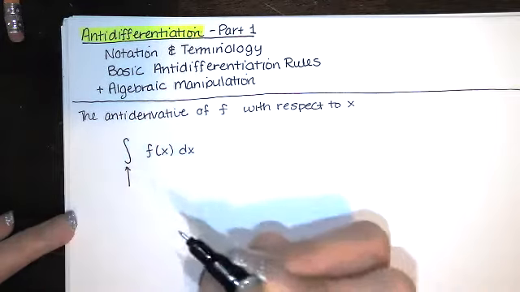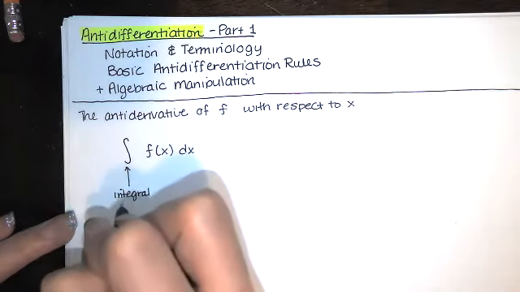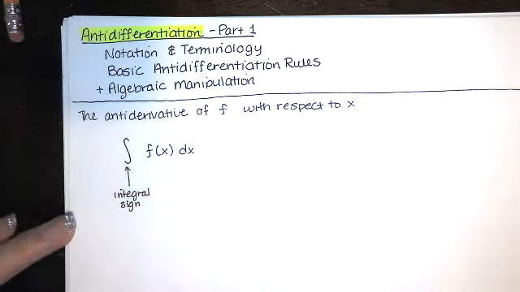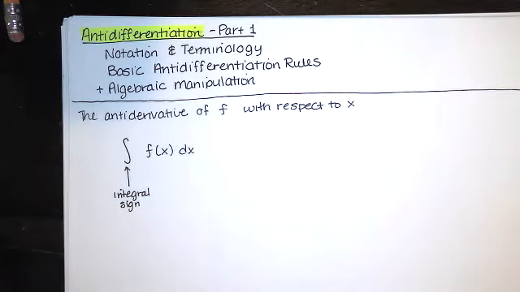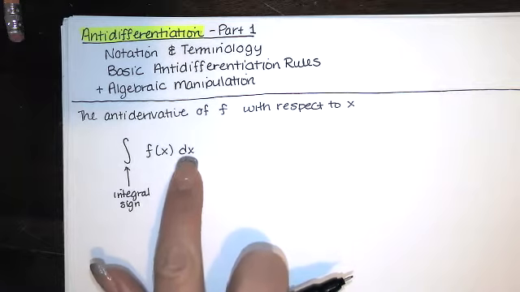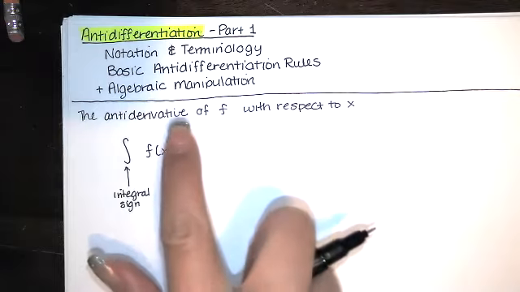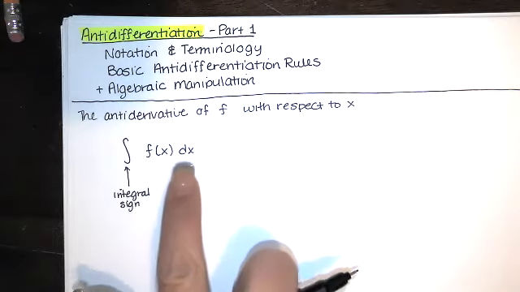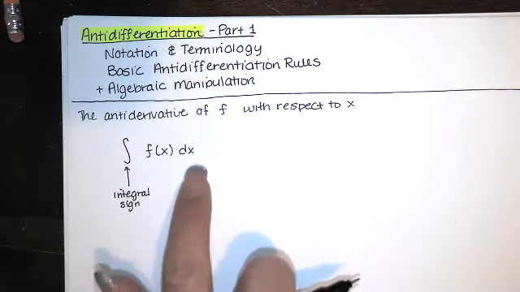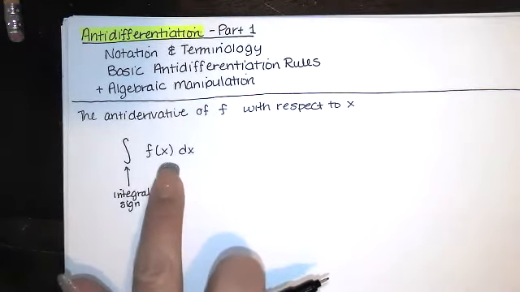This is called an integral sign. It will have more meaning later. This dx over here tells you the variable you're taking the antiderivative with respect to. So if this says the antiderivative of f with respect to t, this would be a dt. But really, when I'm taking an antiderivative, I'm focused on this function here.